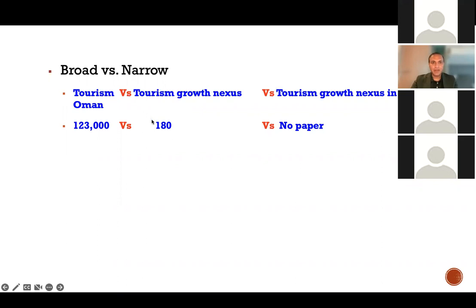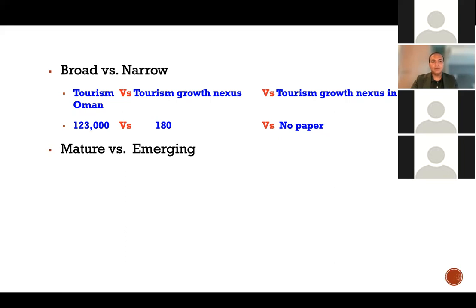When we narrowed it down to tourism and economic growth nexus, we found 180 articles. And it is a very reasonable, well-focused area. And then if you narrow it down further to tourism and growth nexus in Oman, then we did not find any paper. So you should know that when you are selecting your topic.